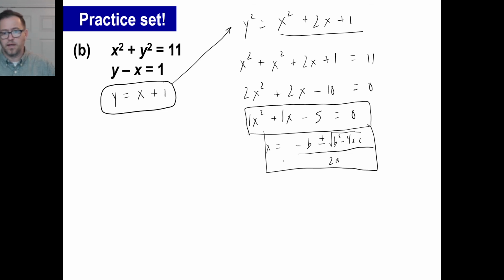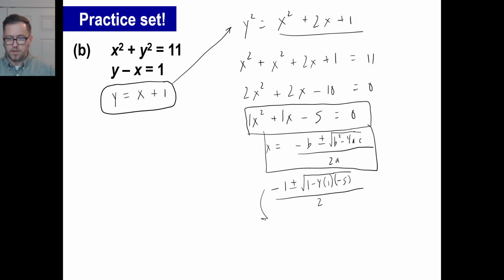So x equals -b, so that's -1 plus or minus the square root of b squared, 1, minus 4 times a times c, which is -5, all over 2 times 1, which is 2.